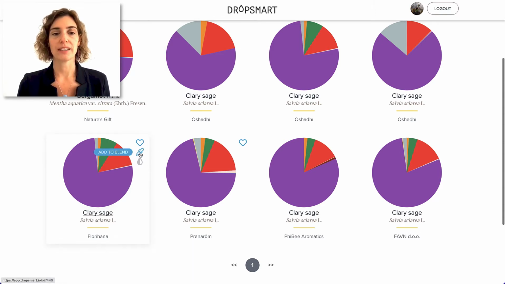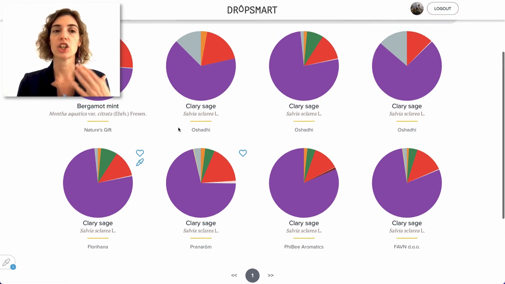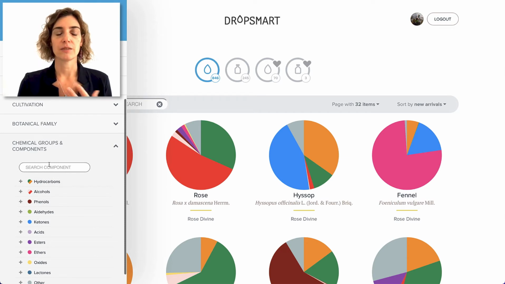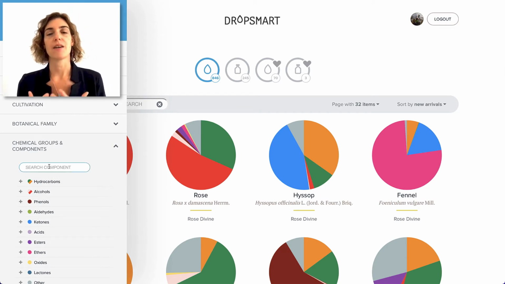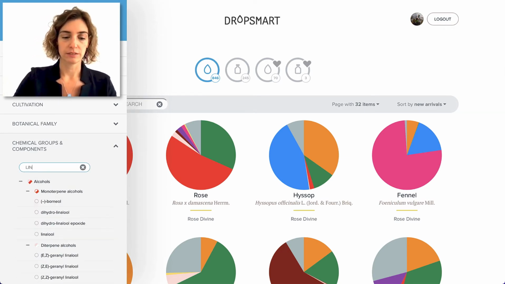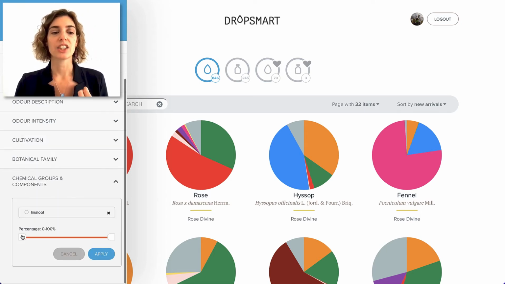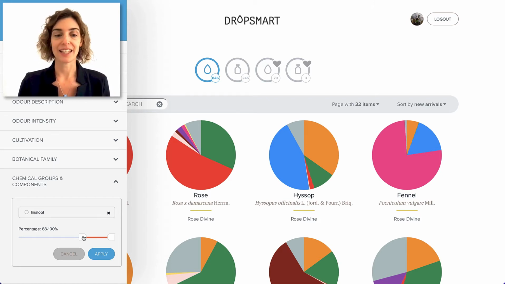So in my blend, I will add clary sage to cover that component, and then I will clear that, and the next constituent that was dominant was linalool. But today I am looking for oils just very dominant in a single component, and you will see that they exist.